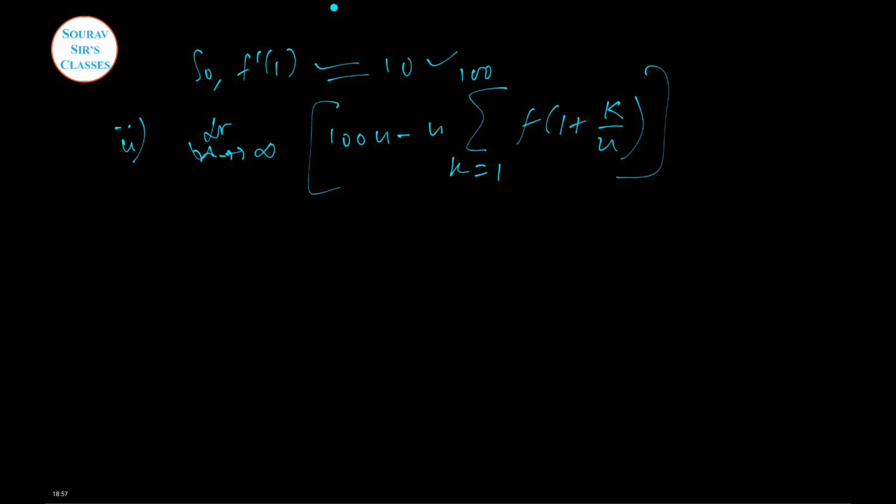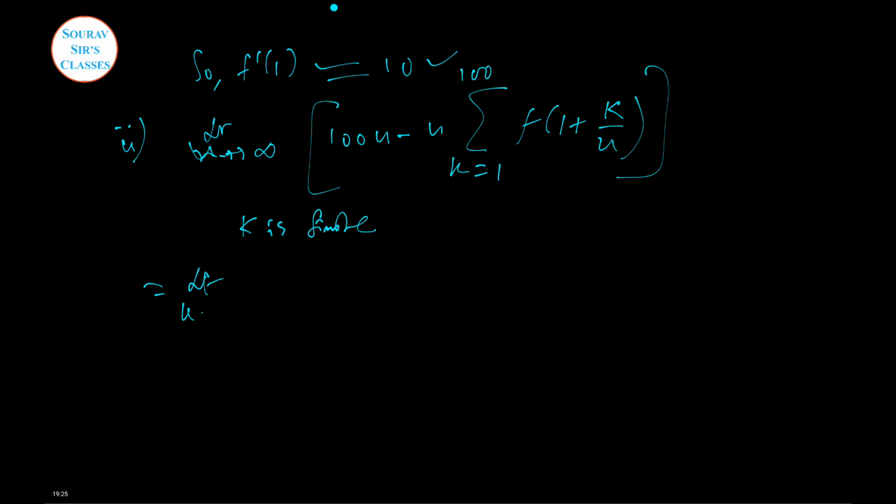Clearly k is finite, as we are interested in k equal to 1 to 100. Now here f of 1 plus k by u is nothing but a 1 to 1 function. So with respect to this structure, we can multiply the entire pattern by k by u, and let's see what happens.